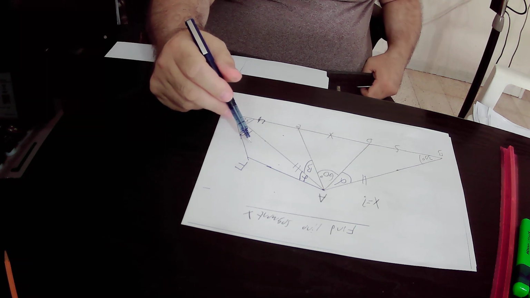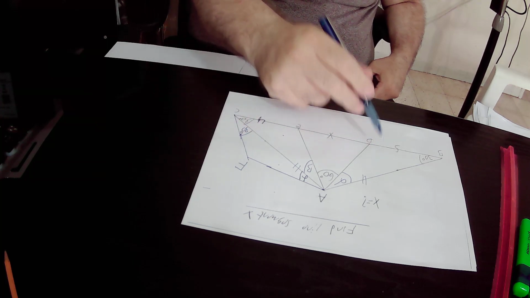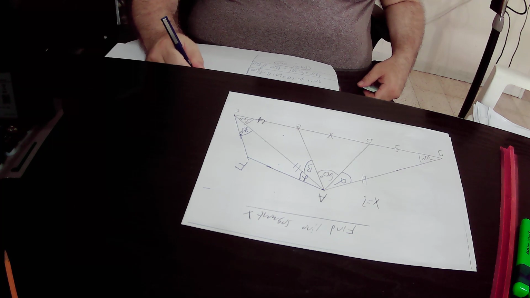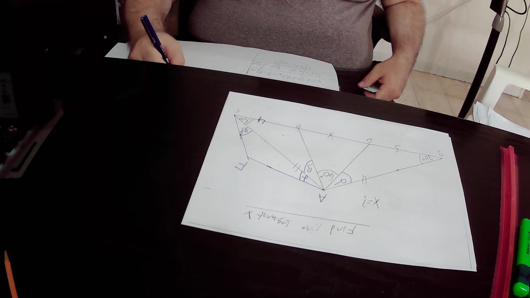In the next step we'll prove that triangle AFC is congruent to triangle ABD. Triangle ABD is congruent to this triangle AFC.